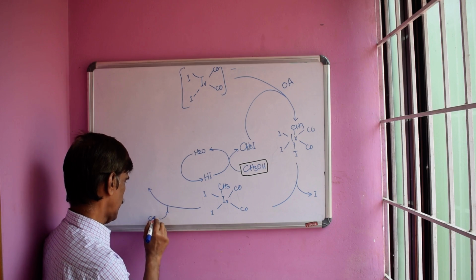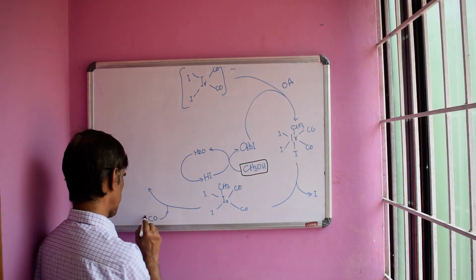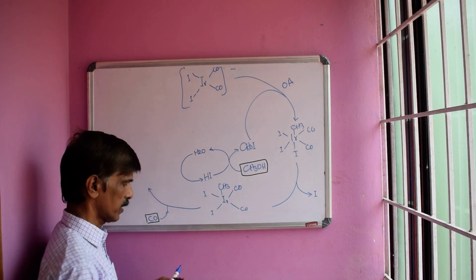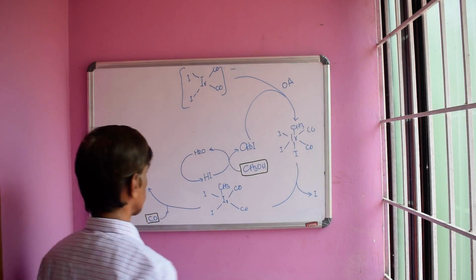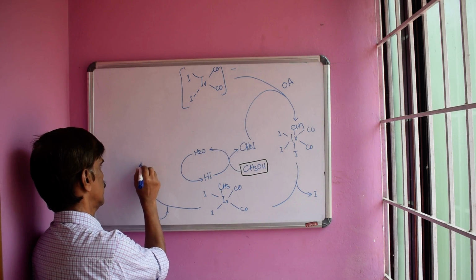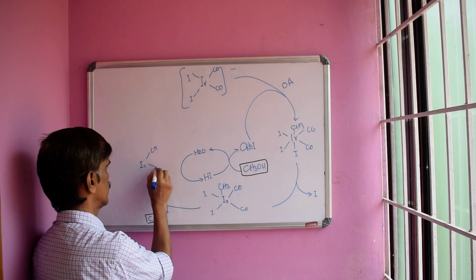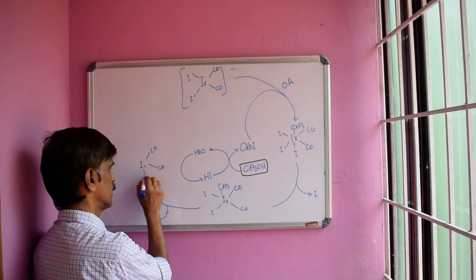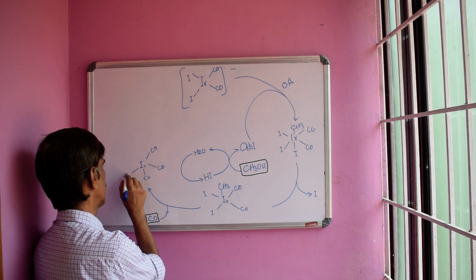So this is the other reactant, carbon monoxide. This carbon monoxide acts here, and it is converted into Ir with one CO, the second CO, the third CO, then comes an iodide.